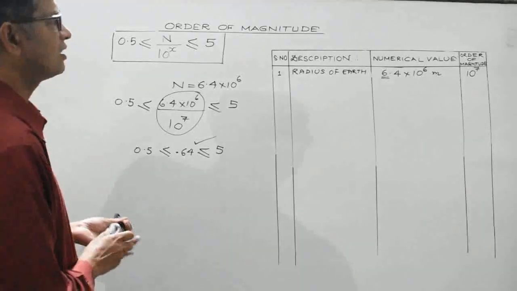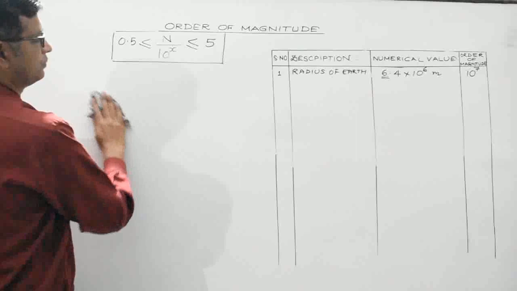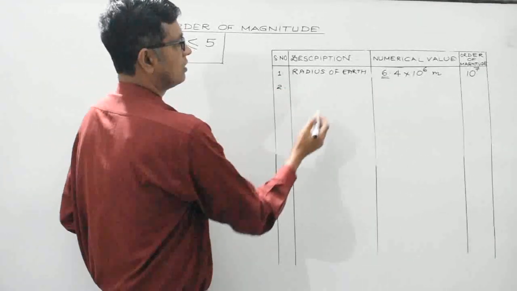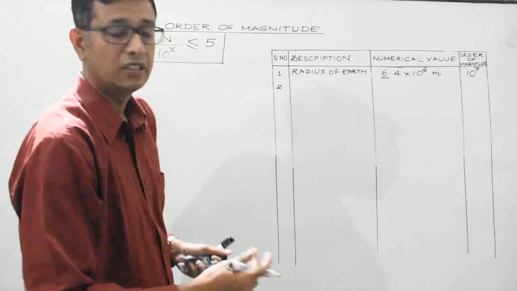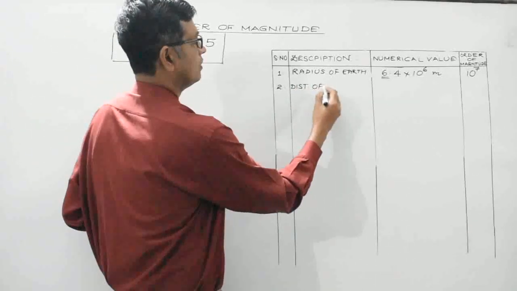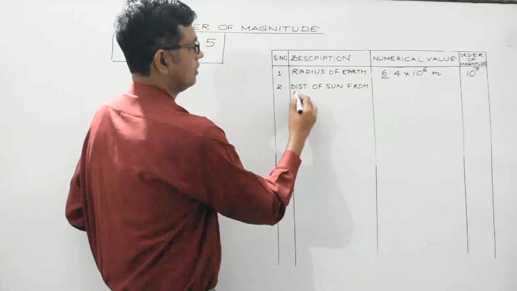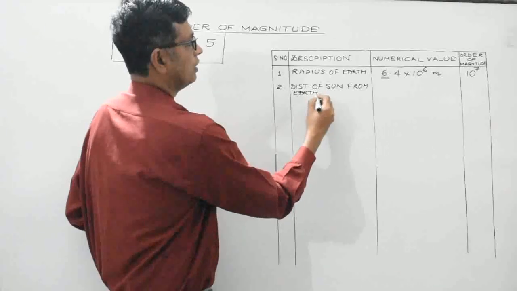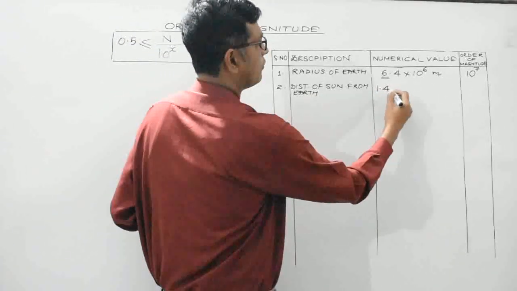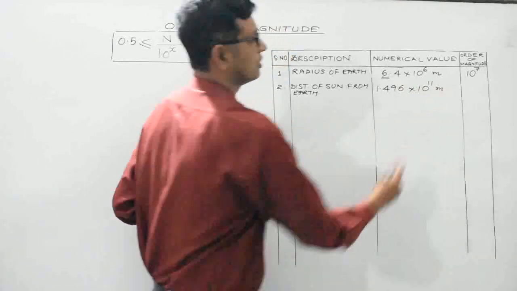Right? Let's consider some other examples as well. Let us consider the distance of the Sun from Earth. You are aware it's 1 AU, astronomical unit, that is 1.496 into 10 raised to 11 meters.